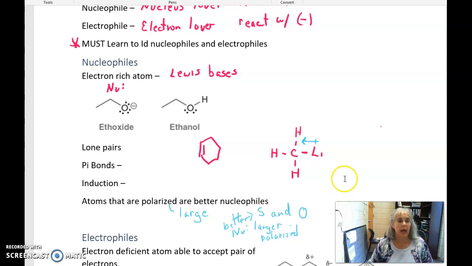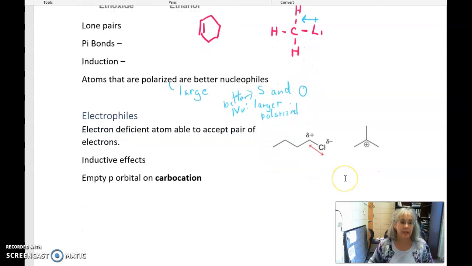Electrophiles. Electrophiles are electron deficient atoms. These are going to be our Lewis acids. They are able to accept a pair of electrons.